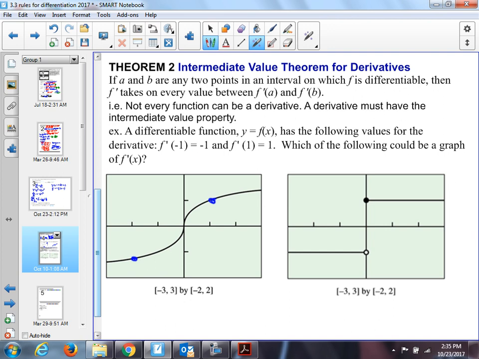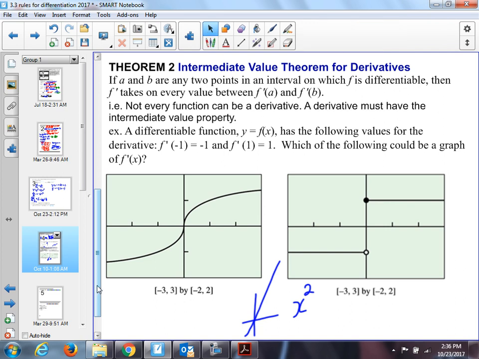I'm telling you, the derivative values are these, given here. If I had x squared as my function, and I said the derivative is 2x, right? And then I graphed it, it would look like this. I'm giving you the graph of the derivative, possibly.